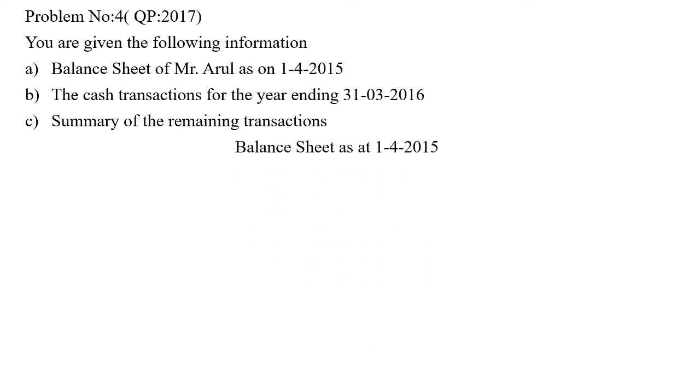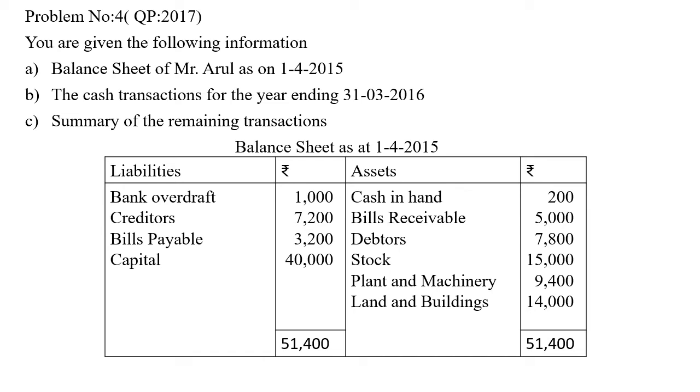So the opening balance sheet is already prepared, and you can check here that the opening capital is given in the problem. That means step number 1 is not required.